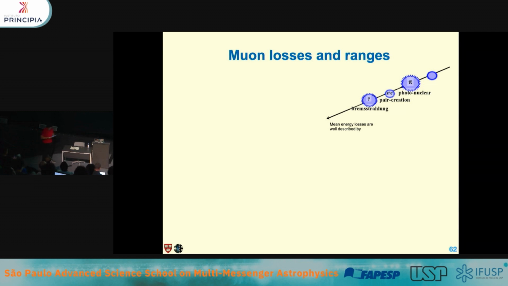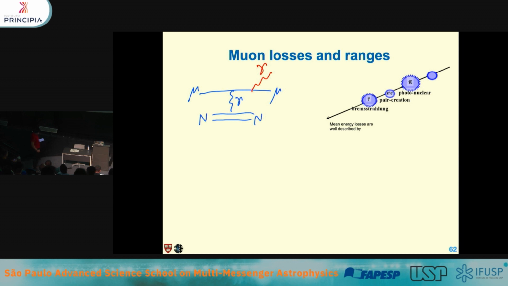So let's talk about them briefly. Bremsstrahlung, does somebody know what Bremsstrahlung is? Probably many people do. It's radiation being emitted by the lepton. So you have a muon here, and that muon essentially emits a hard photon. Of course, it needs to recoil with a nucleus for this to make sense. So that's what I mean by Bremsstrahlung. Then pair production.